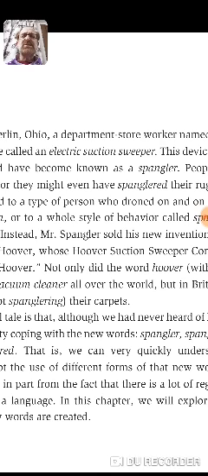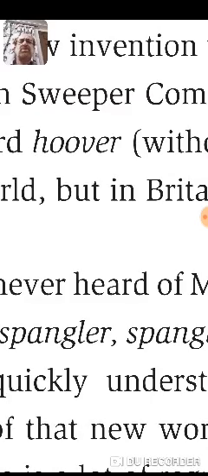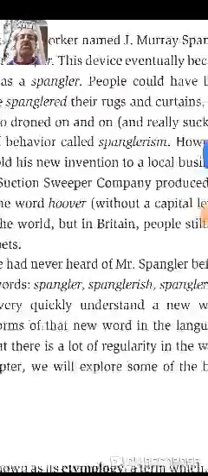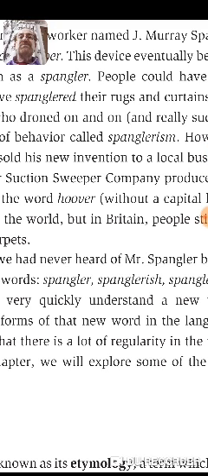But of course, this invention later was sold to somebody else called Hoover. You can see it out here. So what happened to this story? Actually, this is a real story that we have a brand name Hoover for the vacuum cleaner. Why? Because this Mr.